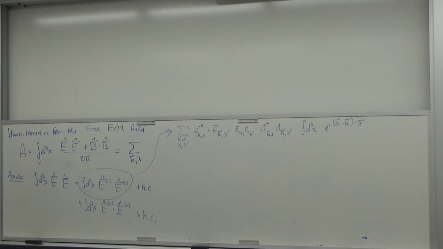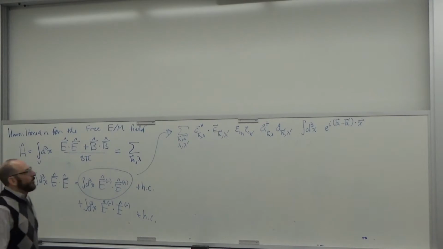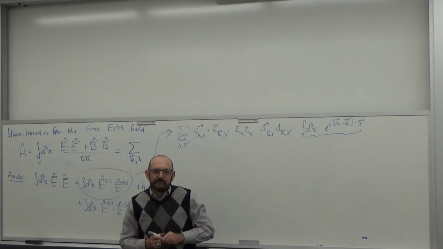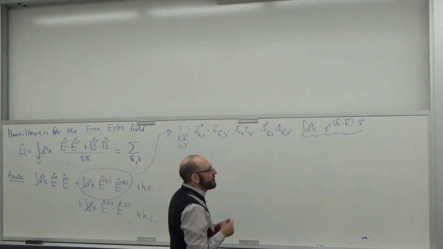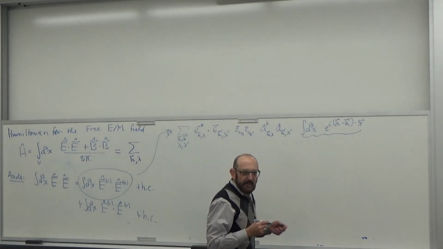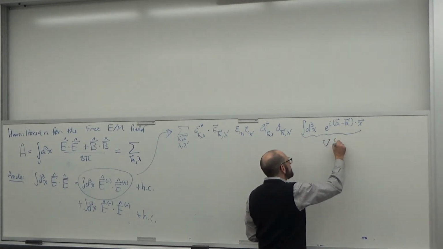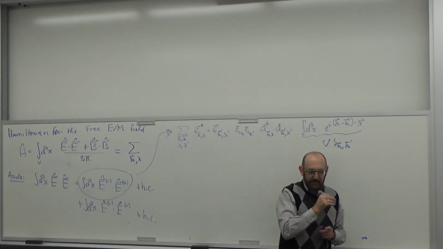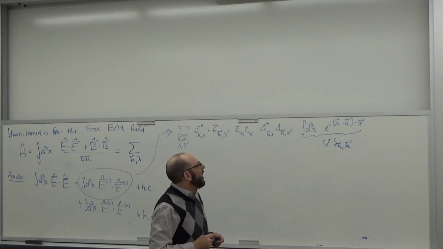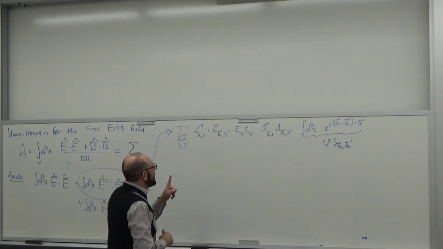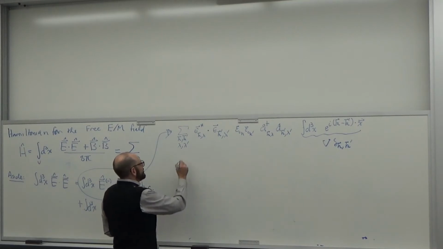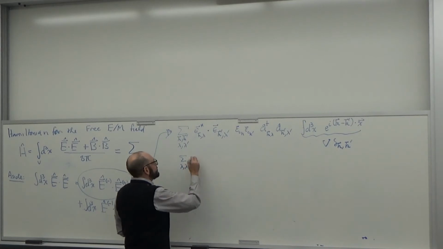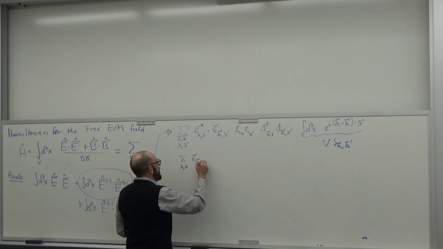All right? So now the question is, what is this? It's a Kronecker delta times the quantization volume, because when it was 1 over V, it was a Kronecker delta, right? Okay, so now I can do the sum over the k primes, and k equals k prime.